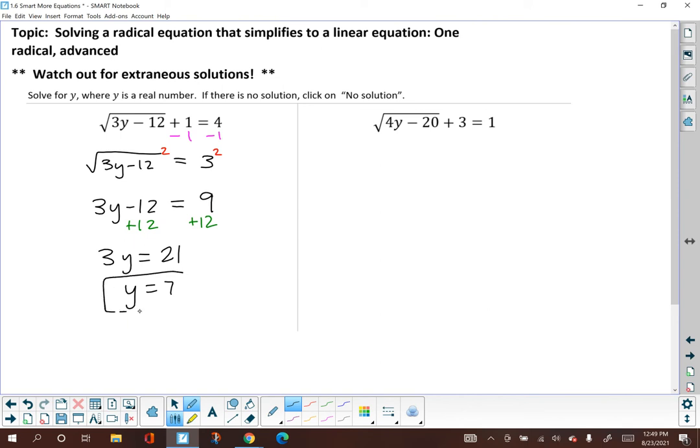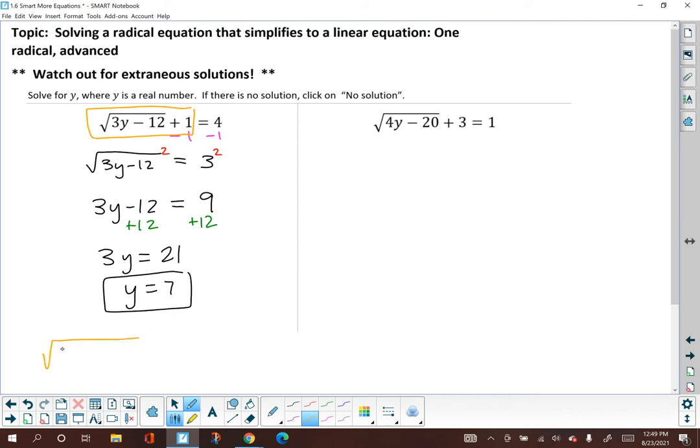Now, sometimes when I say you should check your answers, people don't either know how to do it or they don't know why they should bother. But roots do sometimes have imposter solutions. So what I would do is use this side of the equation and substitute the y in your calculator.